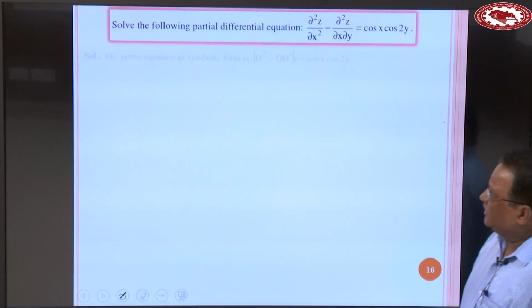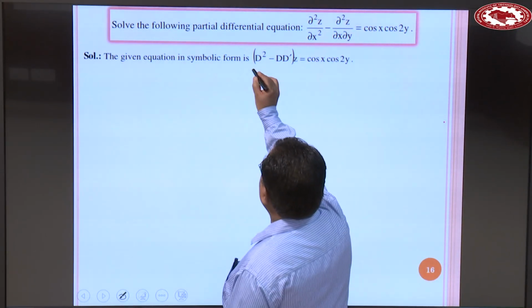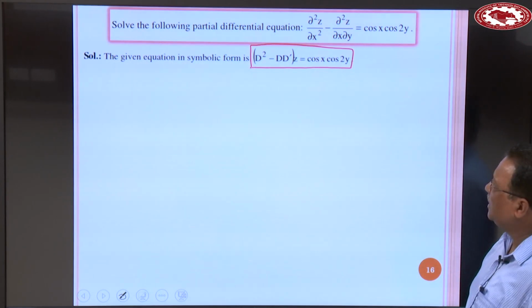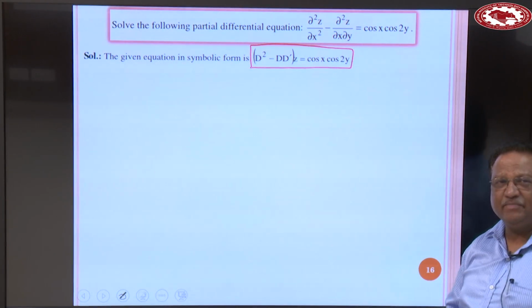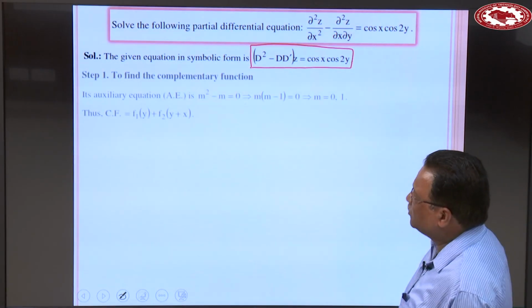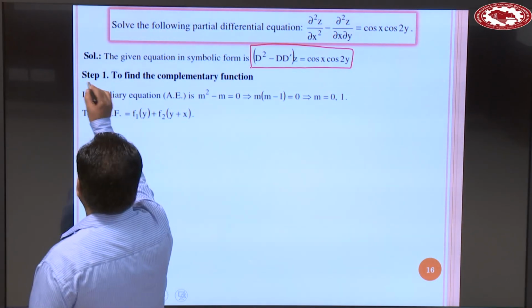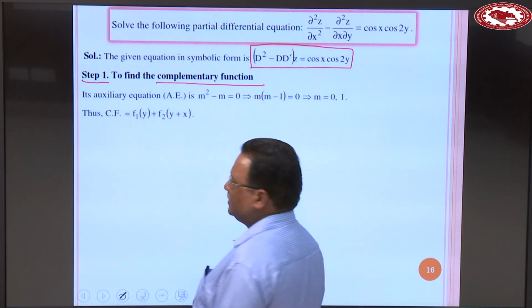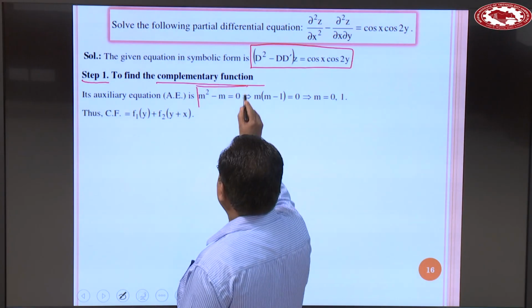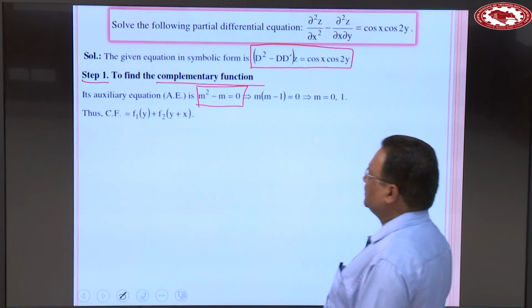So the symbolical form of this differential equation is this: D square minus D dash, z is equal to cos x cos 2y. That one is the symbolical form of this partial differential equation. So step number 1 is to find the complementary function. Write the auxiliary equation, which can be written this way: m square minus m is equal to 0.